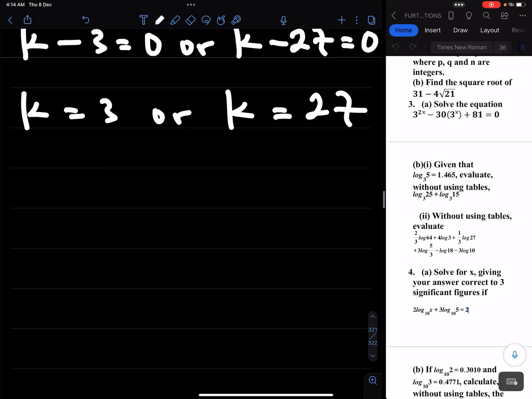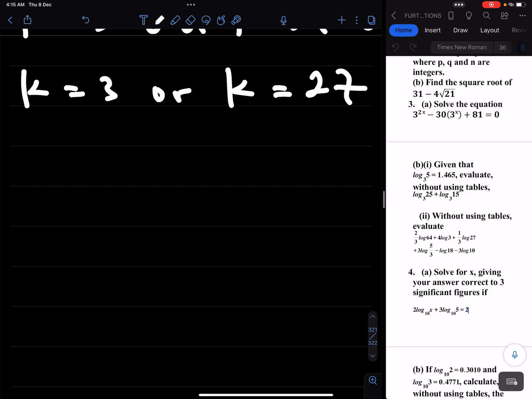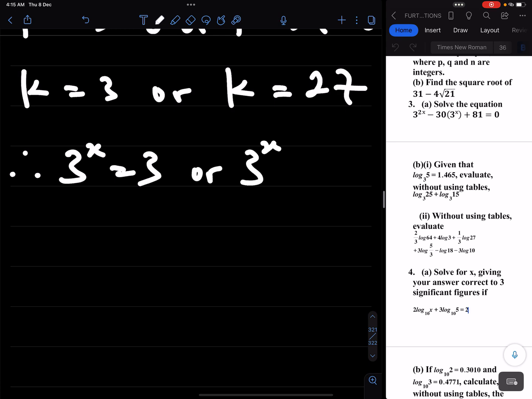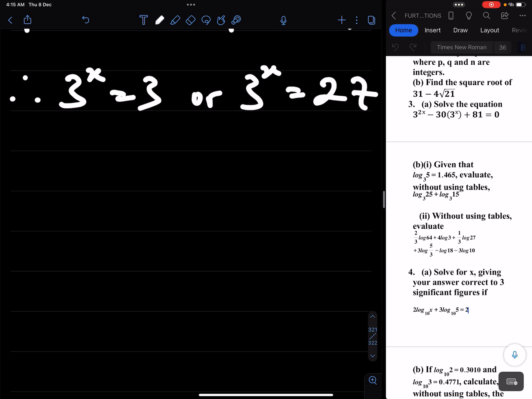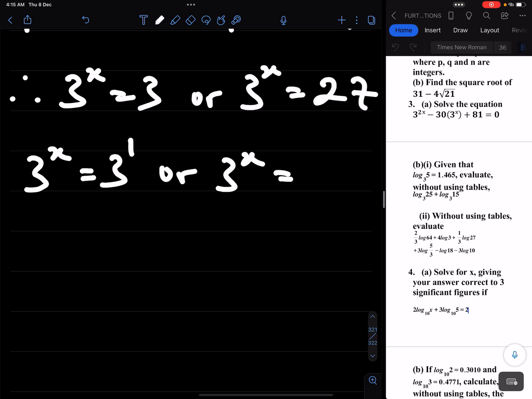But don't forget that what we want to find is x and not k. So that means 3 raised to the power x equals 3, because k is 3 raised to the power x, or 3 raised to the power x equals 27, which means 3 raised to the power x equals 3 raised to the power 1, or 3 raised to the power x equals 3 raised to the power 3.